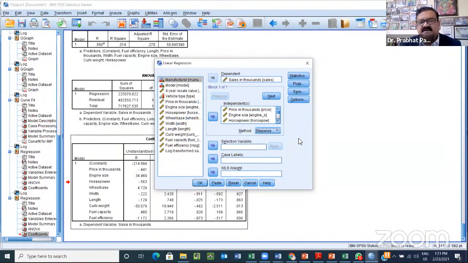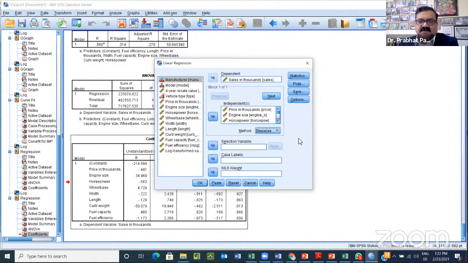In a stepwise, the computer is going to build iterations, and based on the iterations, it will build the models. It will take the first model with all the significant variables together, then start iterating again, leave out the insignificant variables, and build another model.